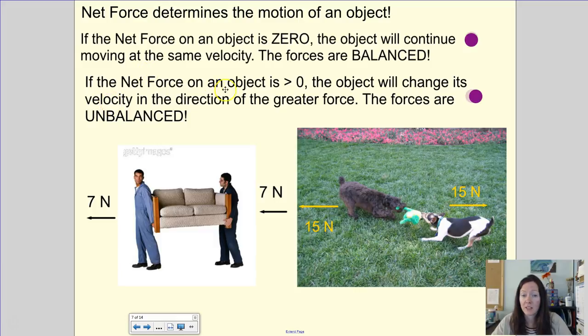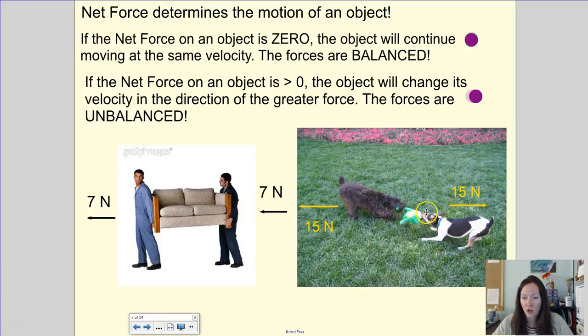The other option is that the net force is more than 0, and then in that case the object is going to change what it's doing. It's actually going to accelerate. It's going to change its velocity, and the forces are considered unbalanced. So let's take a look at these two examples, one in which the forces are balanced, one where they're unbalanced.